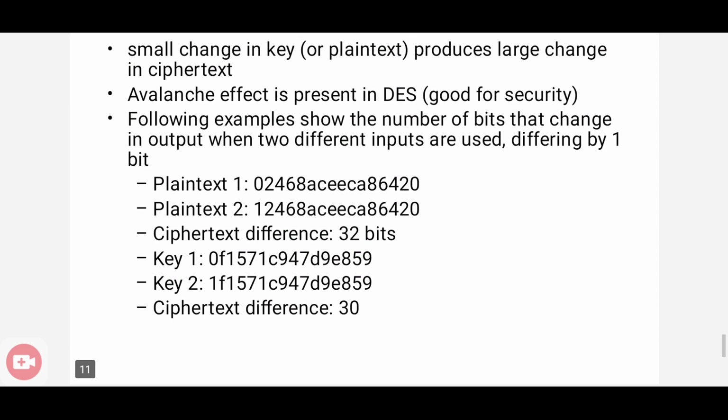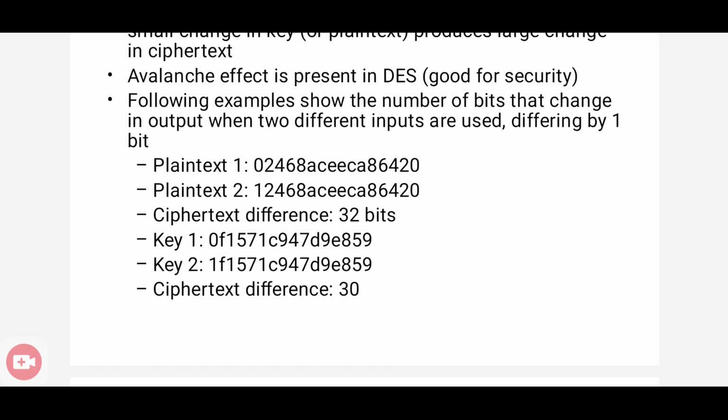You can see in this example, we have two plain texts, plain text 1 and plain text 2. Only one bit differs in these plain texts. That is, in plain text 1 the first bit is 0, but in plain text 2 the first bit is 1. But when we encrypt plain text 1 and plain text 2, in the ciphertext we get a 32-bit difference.